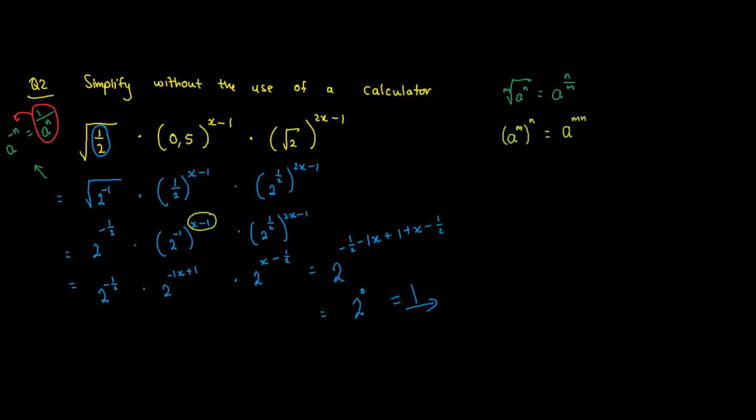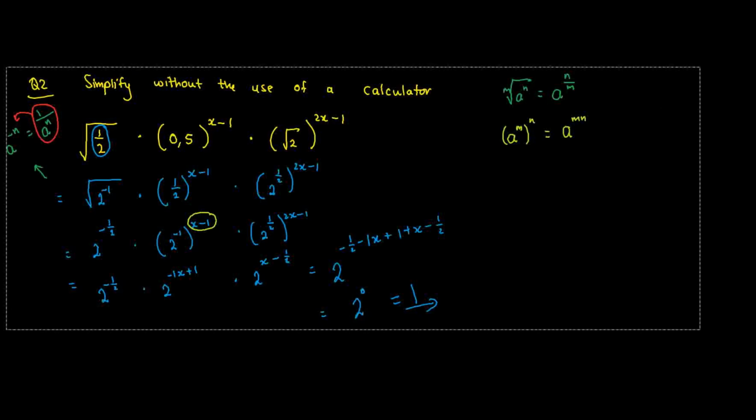Okay, let's quickly move on to example 3. Again, I hope you are pressing pause and you are attempting it before I discuss the solution with you. So let's look at the next example. Example or question 3. Again, we are required to simplify.